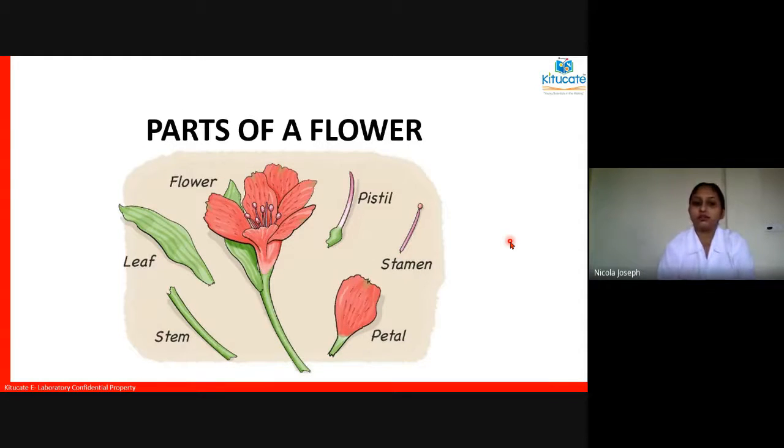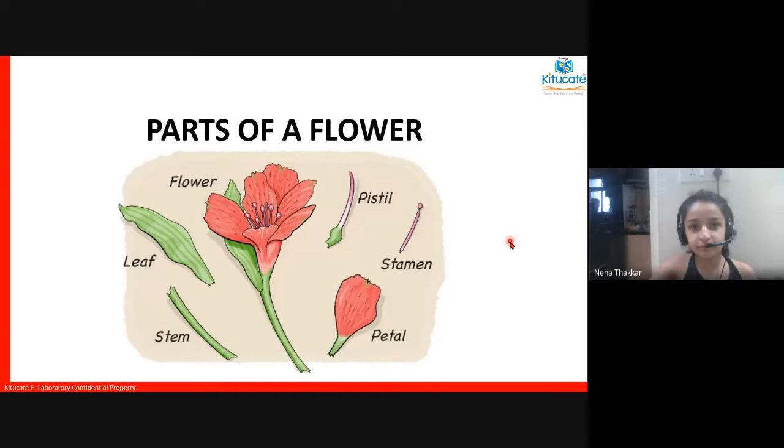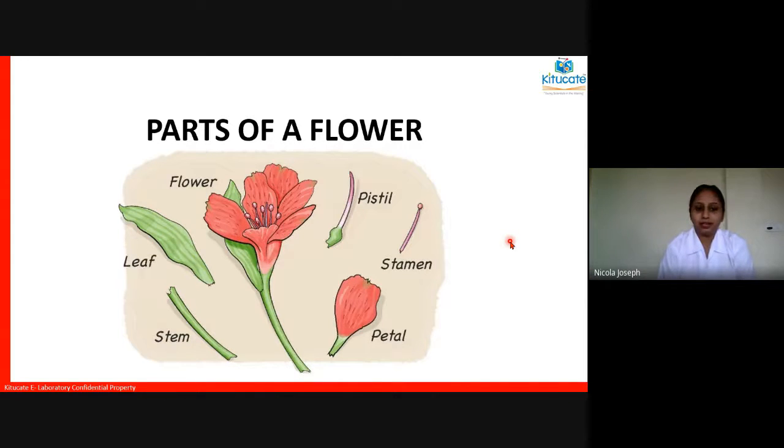Tell me, what is the function of the leaf? What's the function of the leaf? The leaf makes the food for the plant. Yes, the leaf makes the food for the plant. Now, Angela will tell me what is the function of the flower.